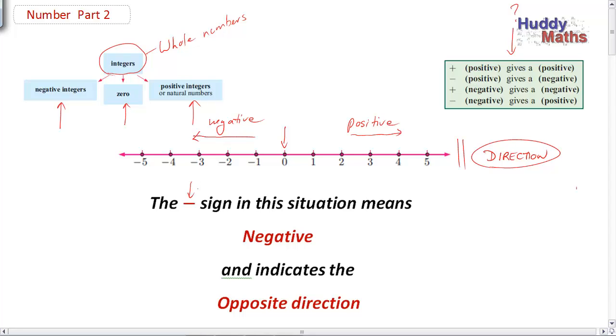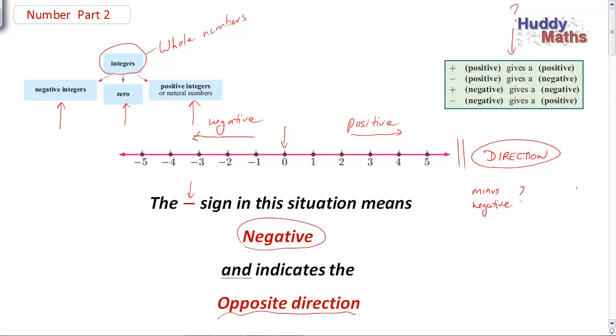The minus sign or negative sign, what's the difference? Are we going to call it a minus, or are we going to call it a negative sign? What does it mean? Okay, let's have a look. It means negative in this context and indicates the opposite direction. Sometimes it doesn't mean negative, it means something a little bit different, so we'll have a look at that in a minute.